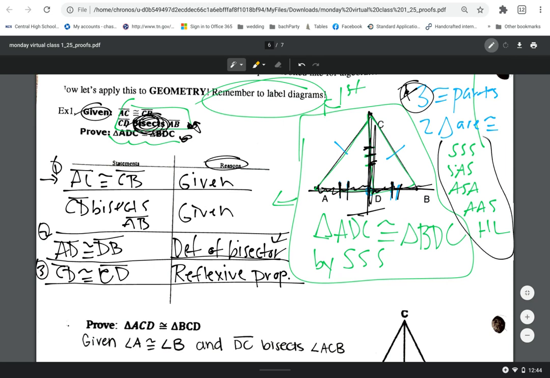Okay. And are those legal? Yes. So I have, remember, what you need to prove is always your last statement, triangle ADC is congruent to triangle BDC. And how do we know? By side, angle, side.